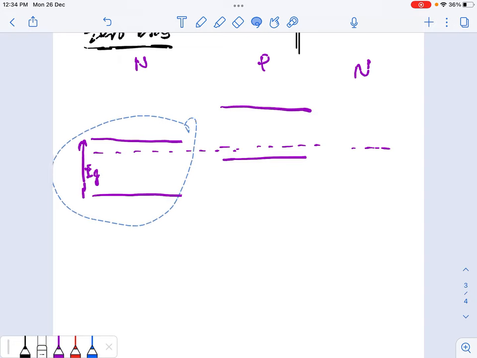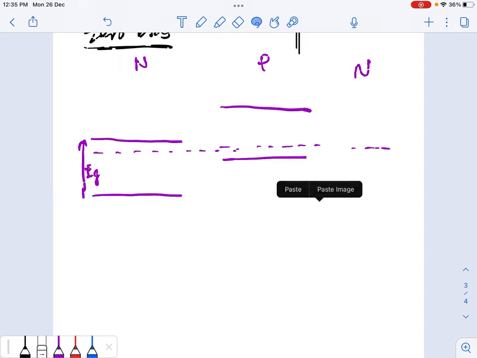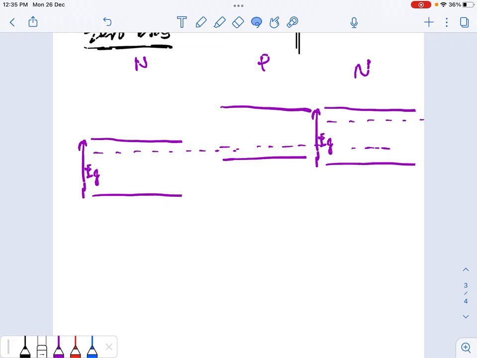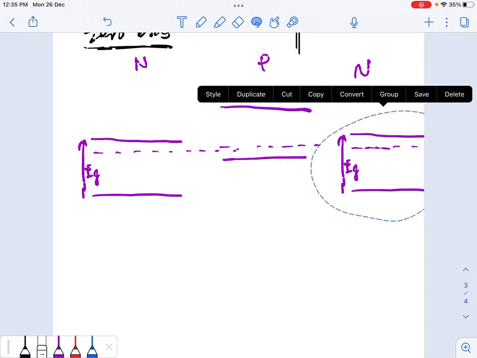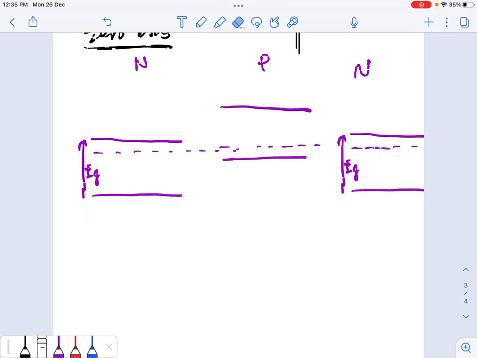Something like that. Right, so the Fermi level is still continuous. Now we just join the lines. So this is the BJT NPN at zero bias.